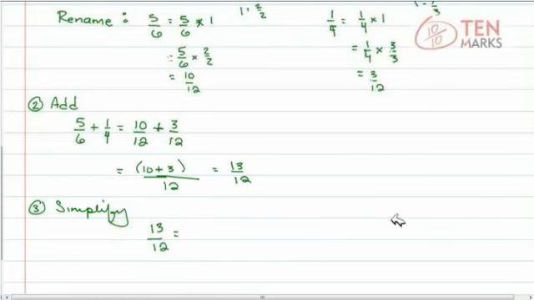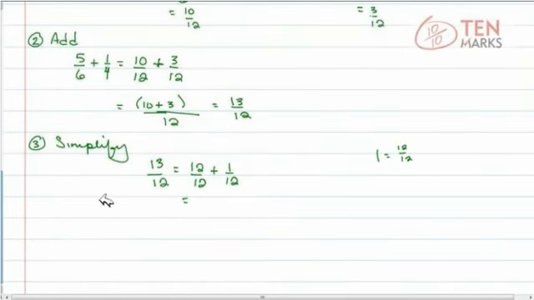So I know that, remember, 1 whole is equal to 12/12, right? So I'm going to take 12/12 out, and when I do that, I have 1 left. All right? So 13/12 is the same as 12/12 plus 1/12. Okay? Now, 12/12, remember, is a whole, so that becomes 1 plus 1/12, which equals 1 and 1/12.